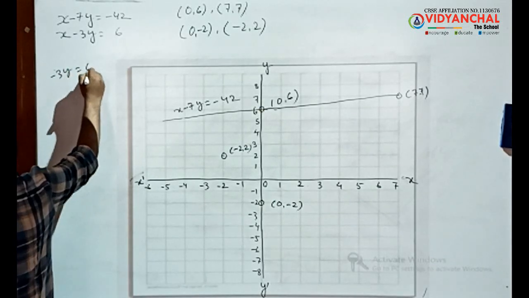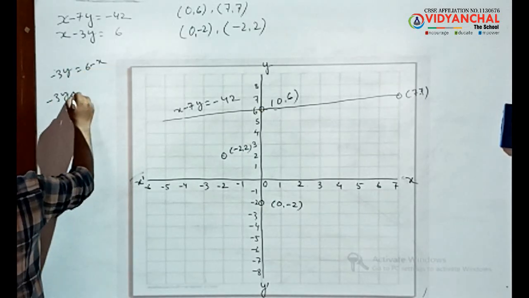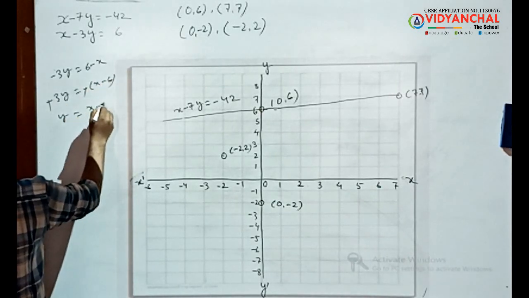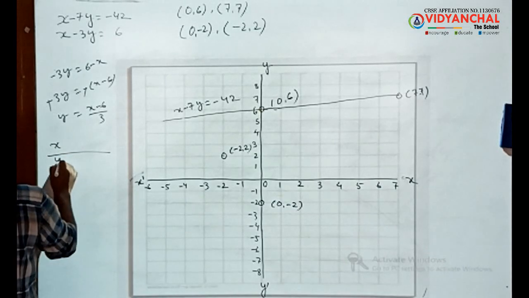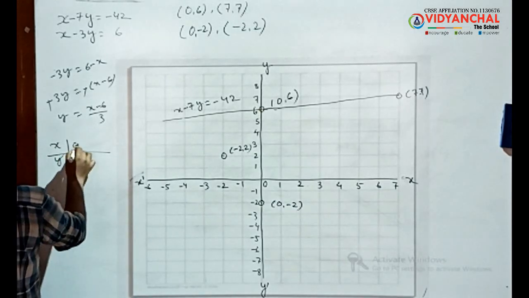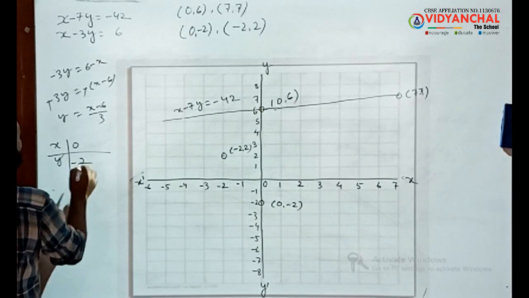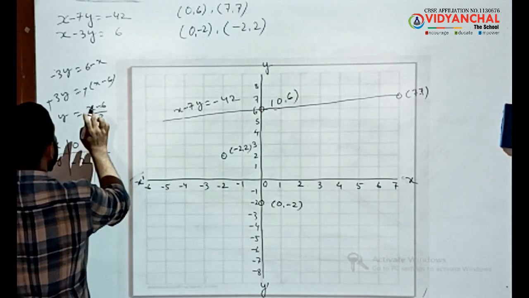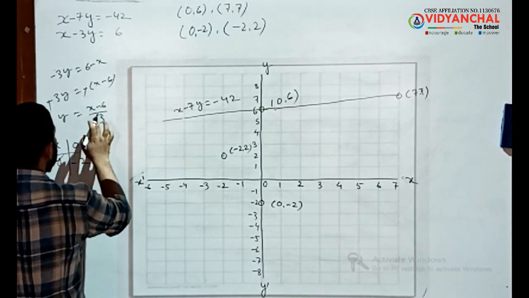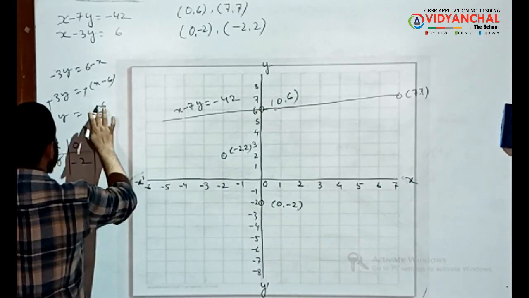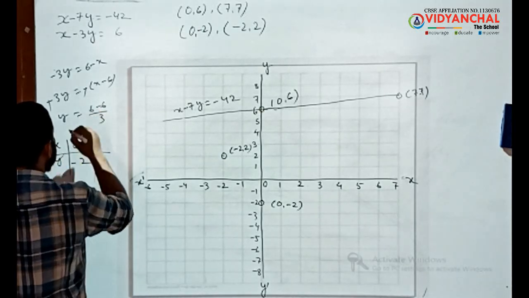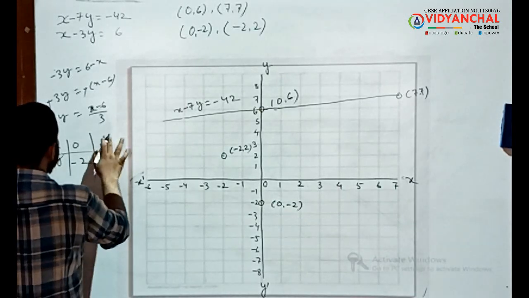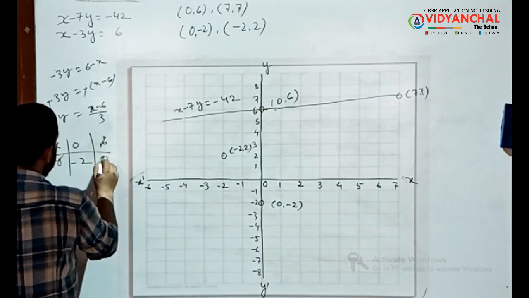Minus 3y equals 6 minus x, minus 3y equals minus x minus 6. So y equals x minus 6 upon 3. So if we take x equal to 0, 0 minus 6 is minus 6, 0 comma minus 2. Let's take another one. If we take 6 instead of x, 6 minus 6 is 0, 0 upon 3 is 0.